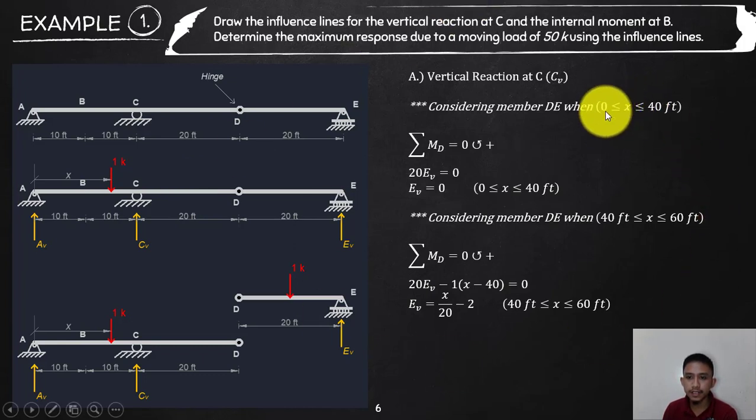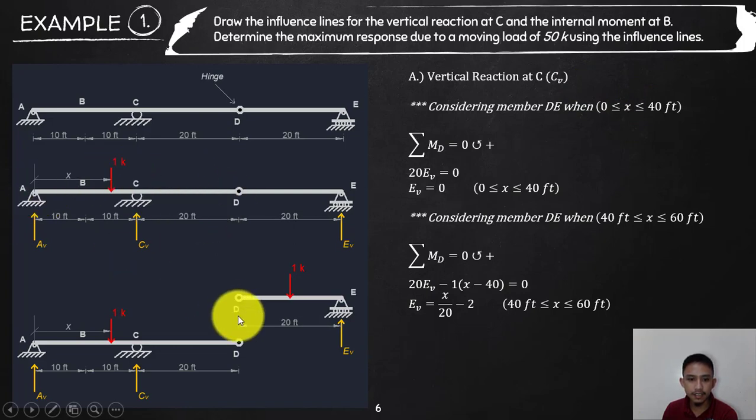First is from 0 to 40. As this one kip goes from A to D, it will not change the equation of CB. But as it goes beyond point D, beyond the hinge, you will have a different equation. So first, I will consider from 0 to 40, when x is from A to D.